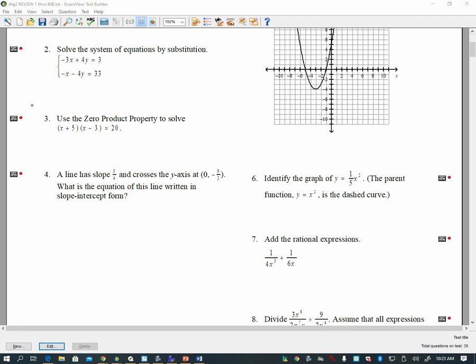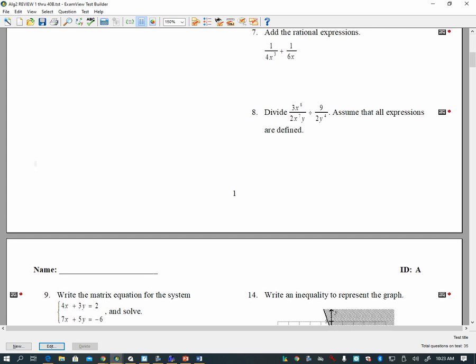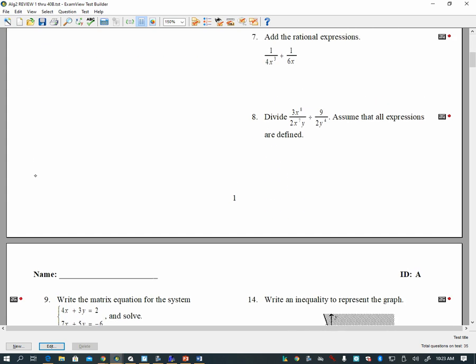7 has already been done. 8, is that one we need to do? Now, what I want to see here, that's my first big clue that something needs to change. Because can I divide by a fraction? No, but I can multiply by a reciprocal. That's the reciprocal of which fraction?